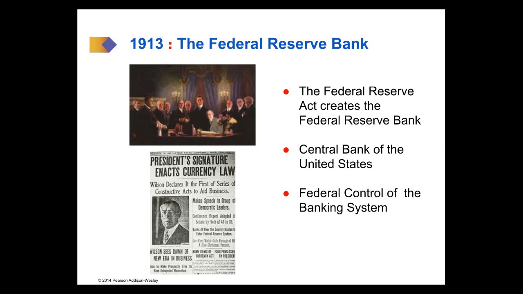So before this time, there were laws that banks had to follow, but they were largely private. After 1913, after the creation of the Federal Reserve Bank, the banking system was under strict control of the Federal Reserve Bank. They would oversee the banks, make sure that they were following the laws, and were heavily involved in banking.